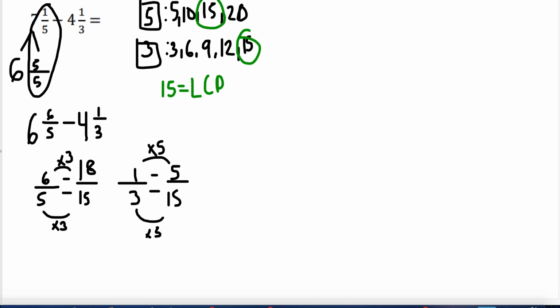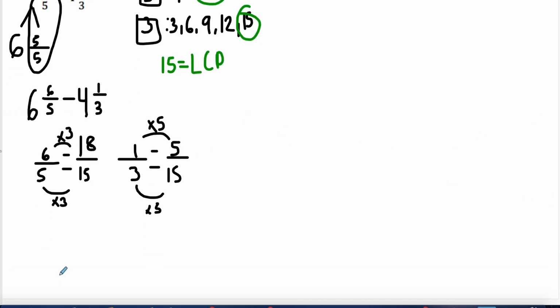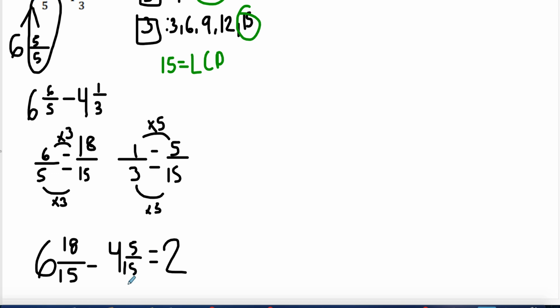So now I can rewrite this equation as 6 and 18/15 minus 4 and 5/15. And I get, okay, well, 6 minus 4 is 2. 18/15 minus 5/15 is 13/15.